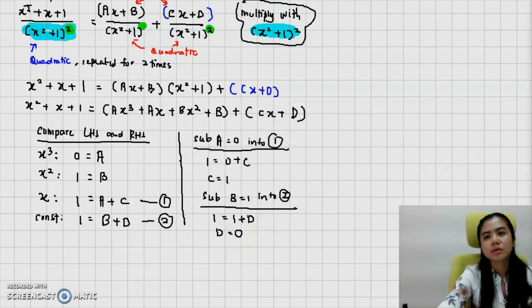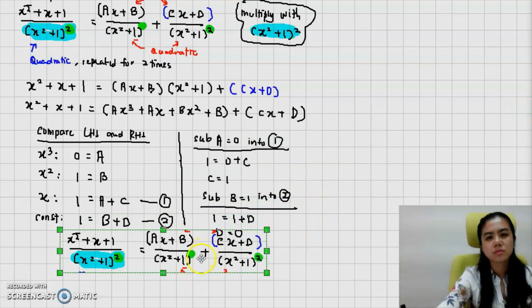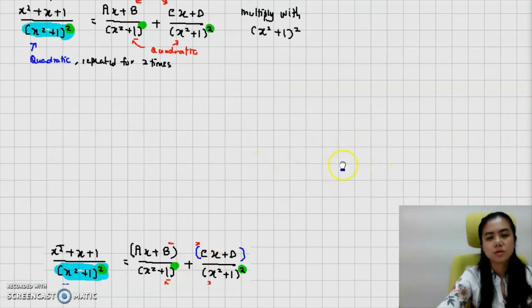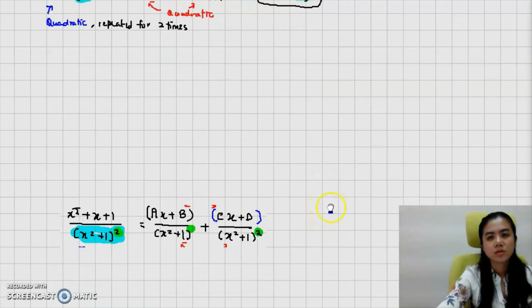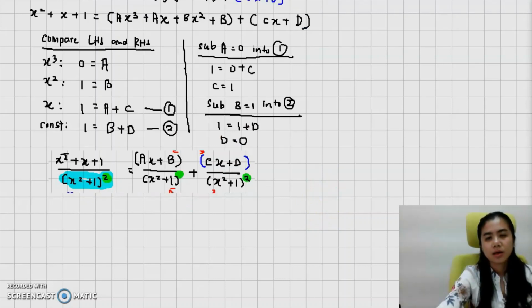Okay, now take this one, the general form that we have to solve. So we're going to sub the values that we just got from the solving result.